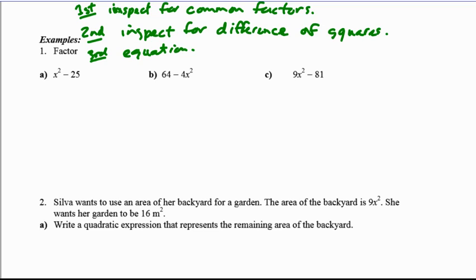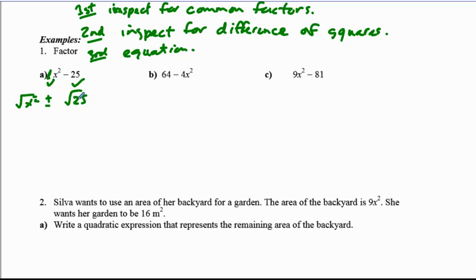Okay, so first, there's a 1 here, so is there a common factor? Not really. There's no x here, so there's no common factor. Well, the only common factor would be 1. So the next thing is inspect for a difference of squares. So we have a perfect square of x squared and a perfect square of 25. So square root of x squared and square root of 25. And what I want you to put in the middle is a plus and a minus, because it can be either, right?